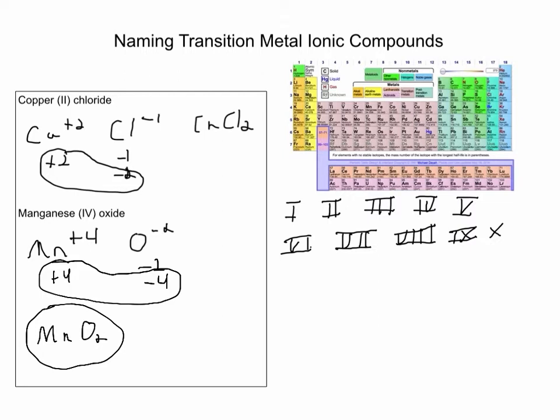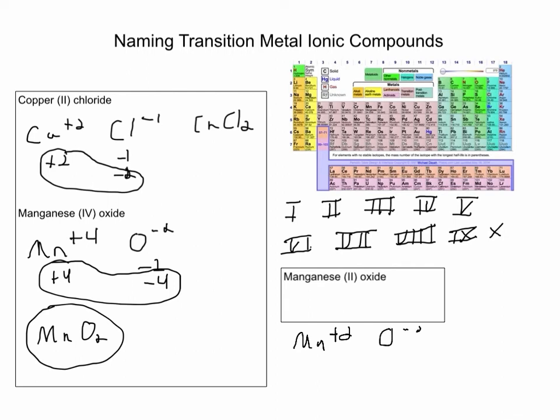If instead I had manganese 2 oxide, I would have Mn with a +2 charge on my manganese. The oxide is still -2.